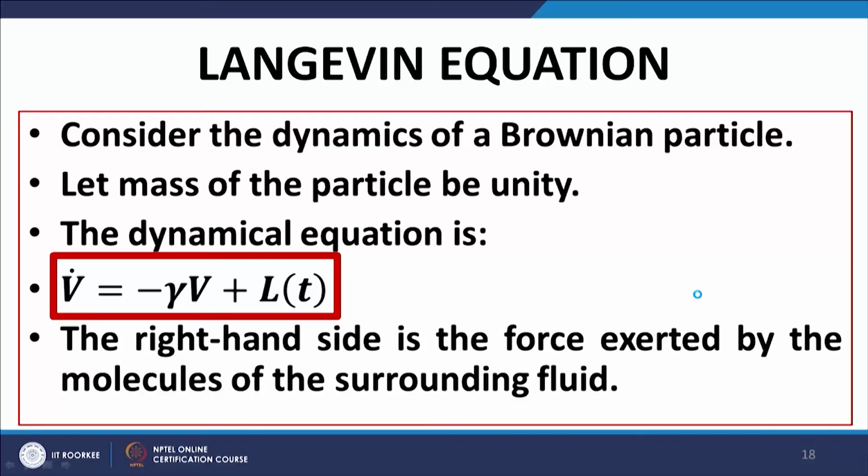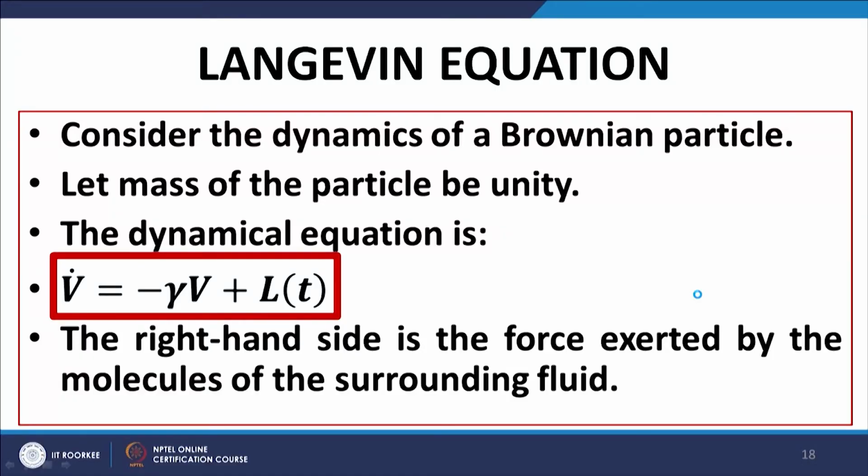Recall that a Brownian particle is a microscopic particle immersed in a fluid, which executes random motion due to the collisions it encounters with the various molecules of the fluid. Let us assume for simplicity that the mass is unity. In any case, we can rescale other quantities and make the mass unity, so that does not affect the generality of the exposition.